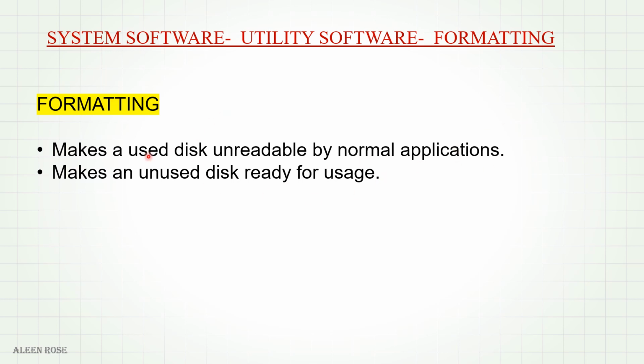If it is a used disk, it makes the data unreadable by normal applications, and if it is a new one, it makes it ready for the first use. So we cannot say that the data cannot be read again. No, it can be, but not with the normal applications. Once the disk is formatted, applications cannot read the data that's deleted.